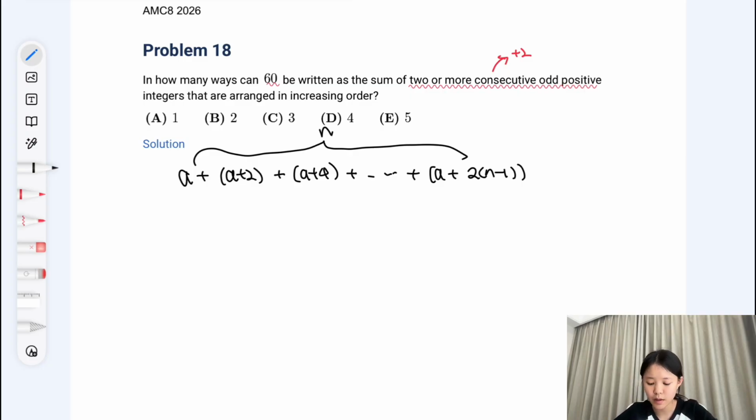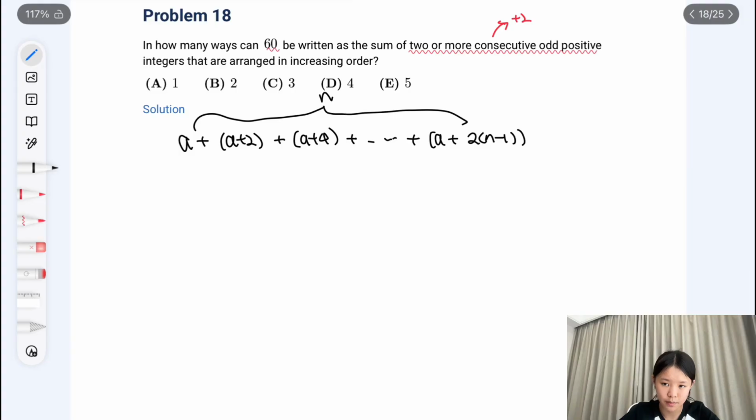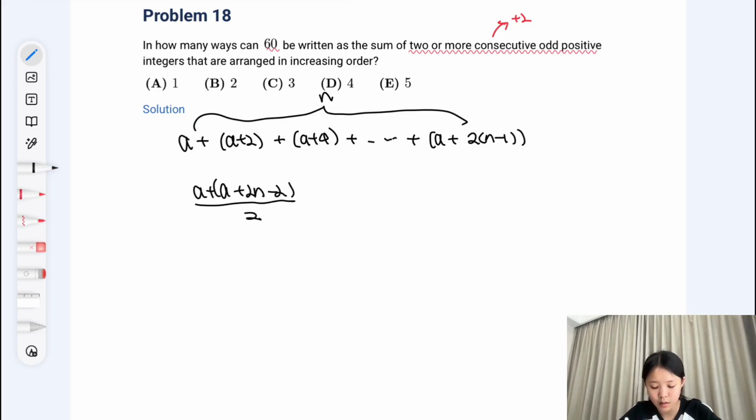So we write that out using the arithmetic sequence sum. We would have a plus 2n minus 2 divided by 2 times n, which equals 2a plus 2n minus 2 divided by 2 times n, which comes down to 60, right?